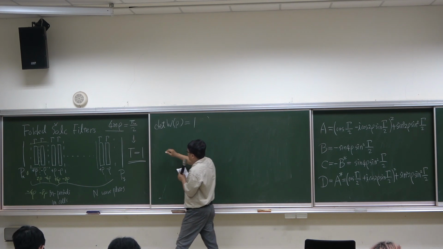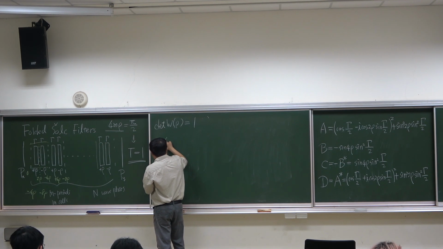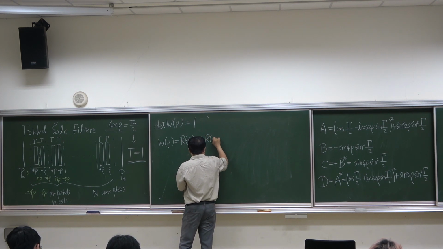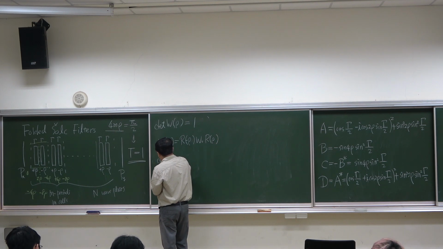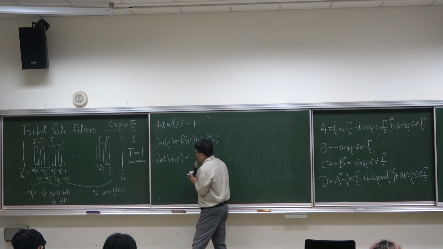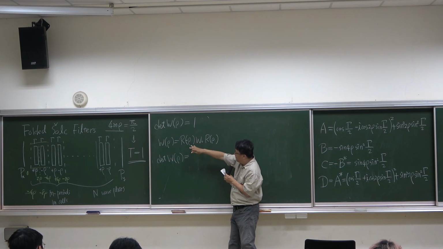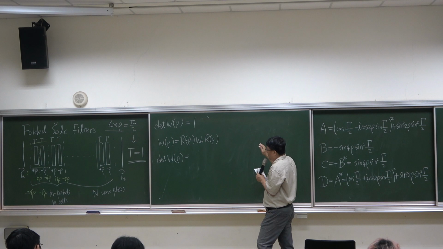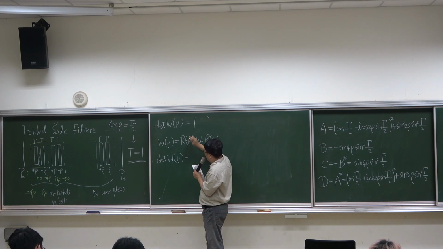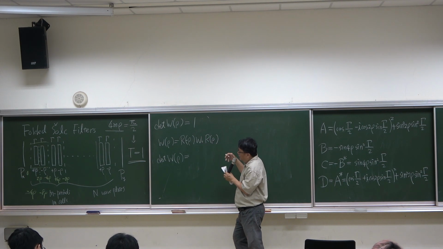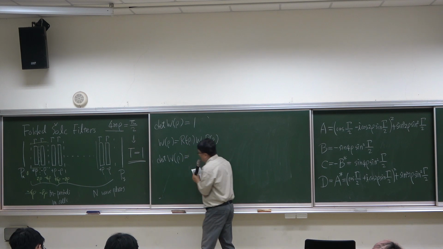This is because W rho is equal to R minus rho W0 R rho, and if we have some matrices multiplied to each other, the determinant of the product is the product of the determinants of every matrix.